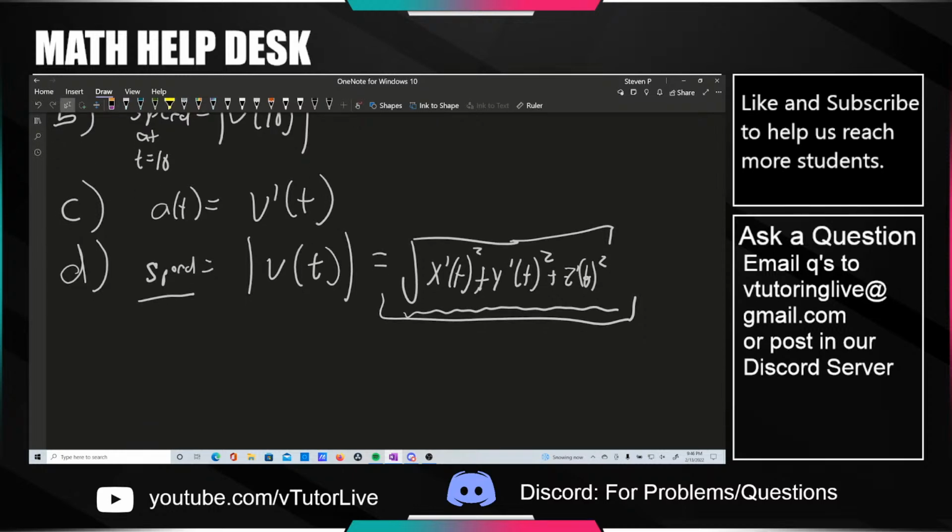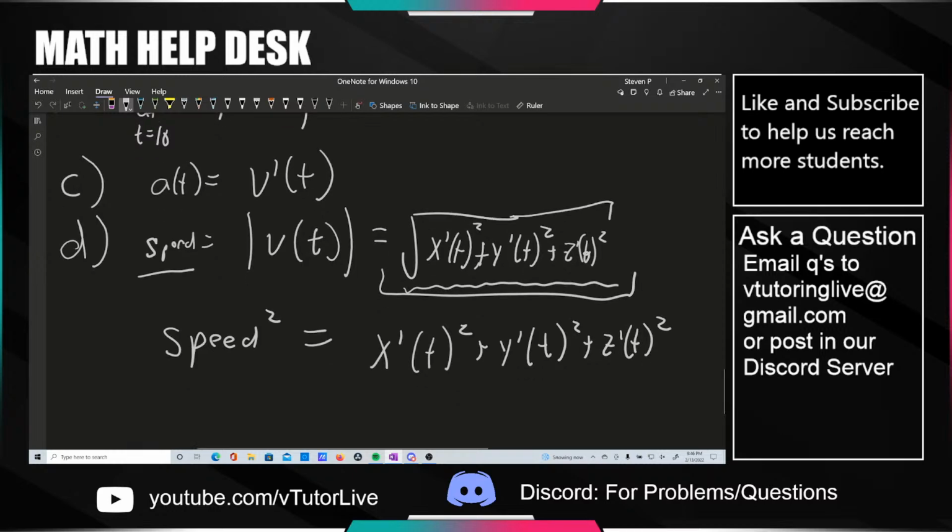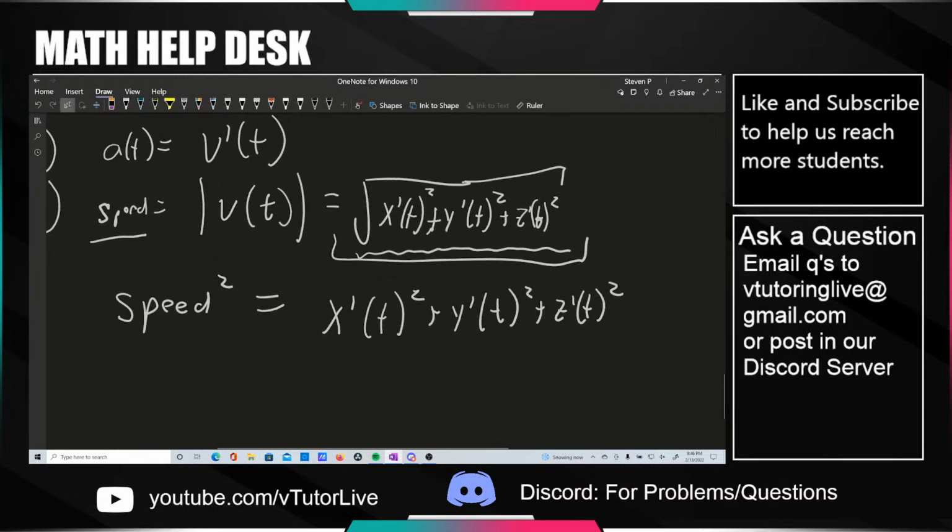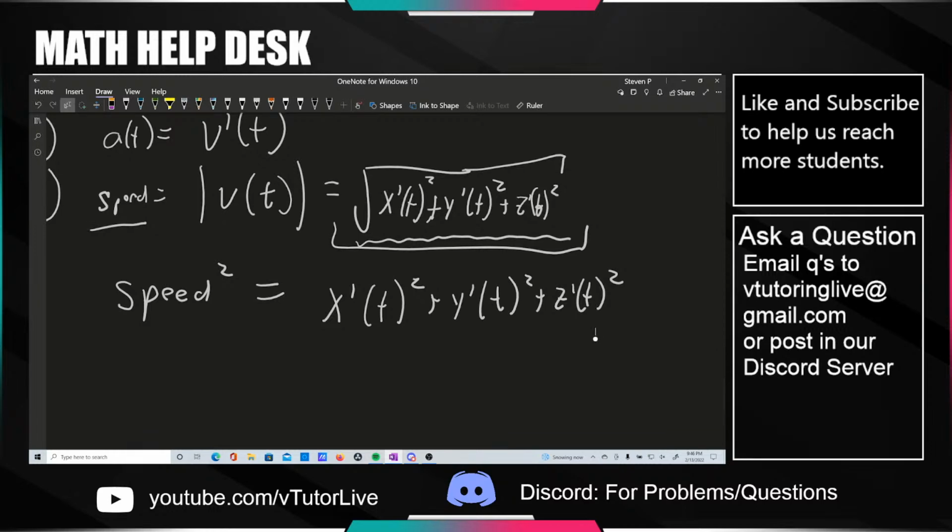So the trick to this problem is to, instead of looking at speed, look at speed squared. And that basically just gets rid of the square root for you. See what I did there? So then you just take d/dt of both sides, set that equal to 0, and solve for the time that maximizes it. Does that make sense?